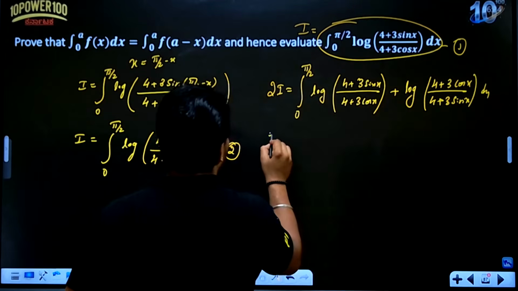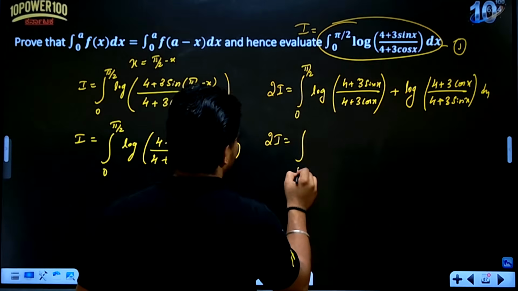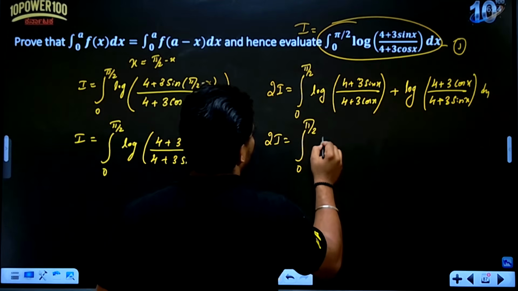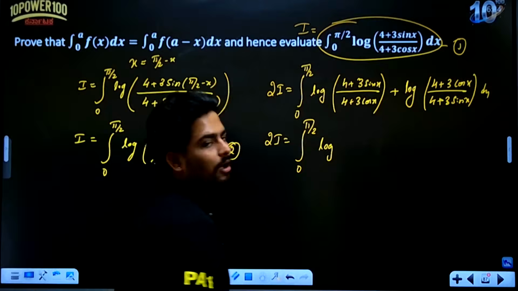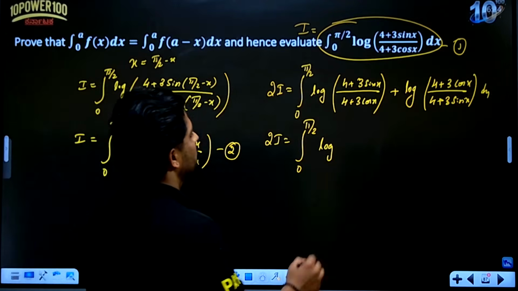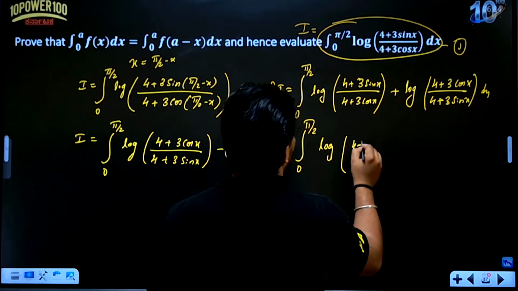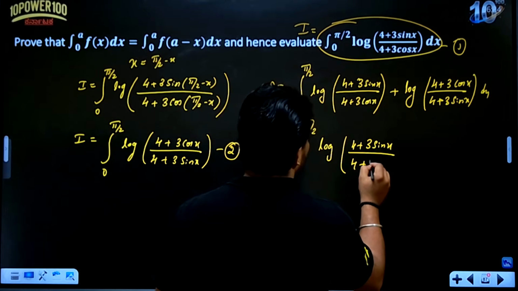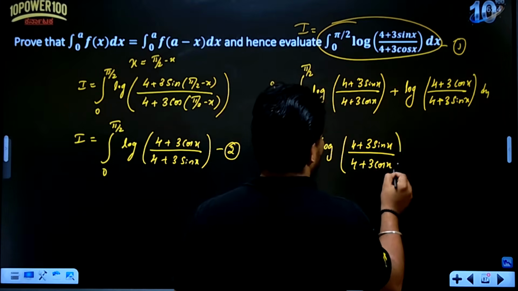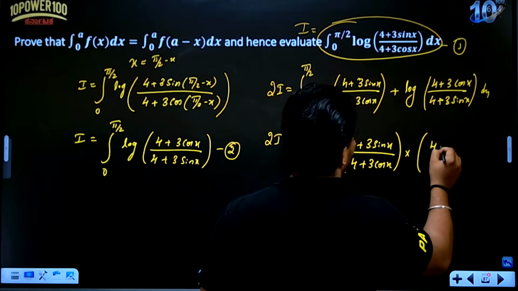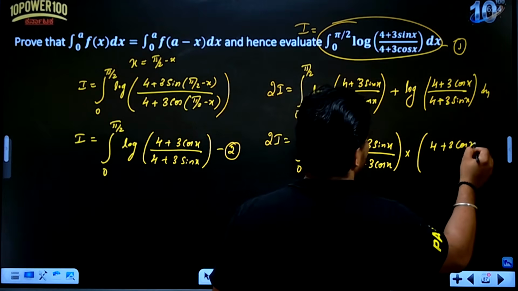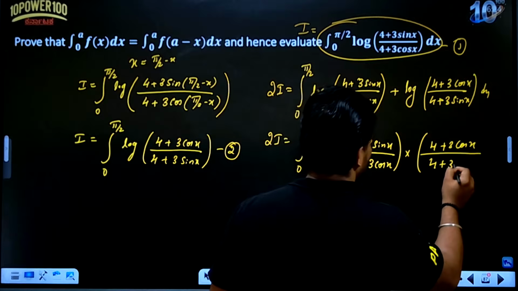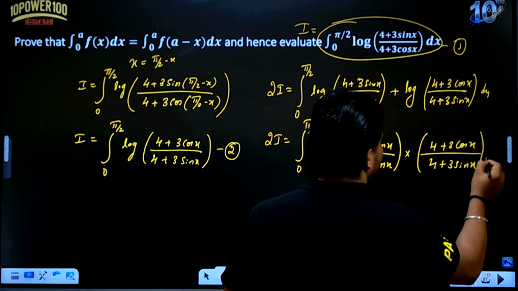Now if you solve this further, we get the integral from 0 to pi by 2 of log a plus log b, which is log (a into b), correct? So then I get the log of ((4 + 3 sin x)/(4 + 3 cos x)) into ((4 + 3 cos x)/(4 + 3 sin x)) dx.